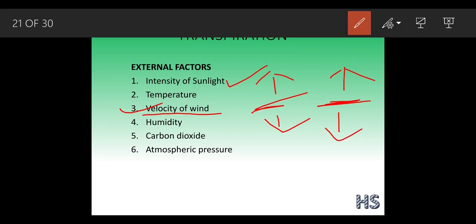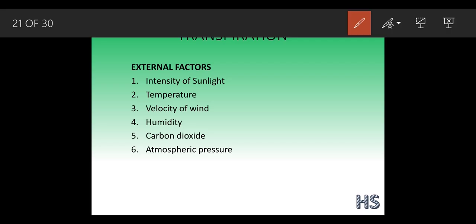Now humidity. It becomes very easy to dry clothes in the month of summer, but the same clothes take a lot of time to dry in the rainy season. So this factor is humidity. If the humidity is more, the rate of transpiration would be less.